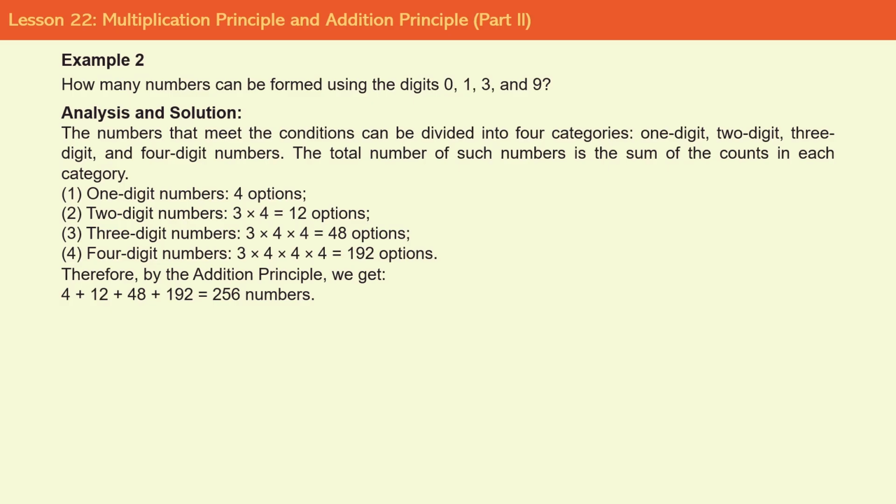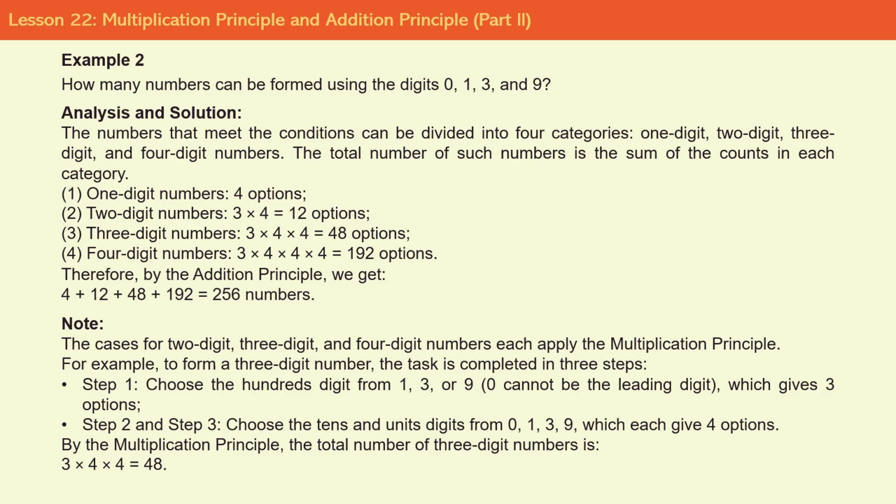The total number of such numbers is the sum of the counts in each category. 1-digit numbers have 4 options, 2-digit numbers have 3 times 4 equals 12 options, 3-digit numbers have 3 times 4 times 4 equals 48 options, 4-digit numbers have 3 times 4 times 4 times 4 equals 192 options. Therefore, by the addition principle, we get 4 plus 12 plus 48 plus 192 equals 256 numbers.